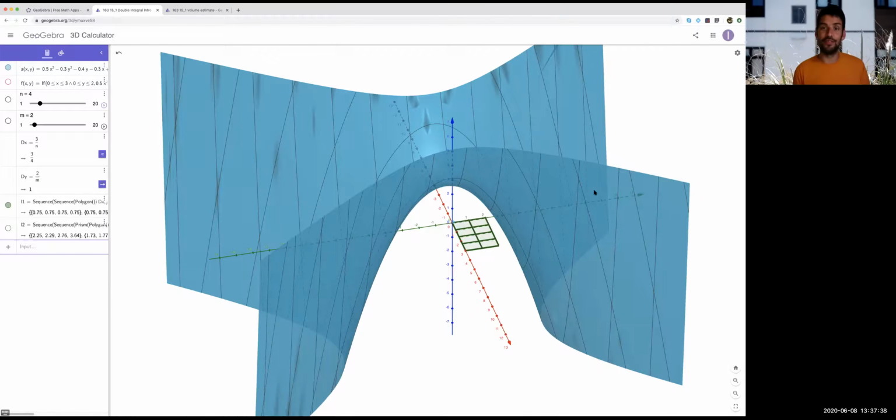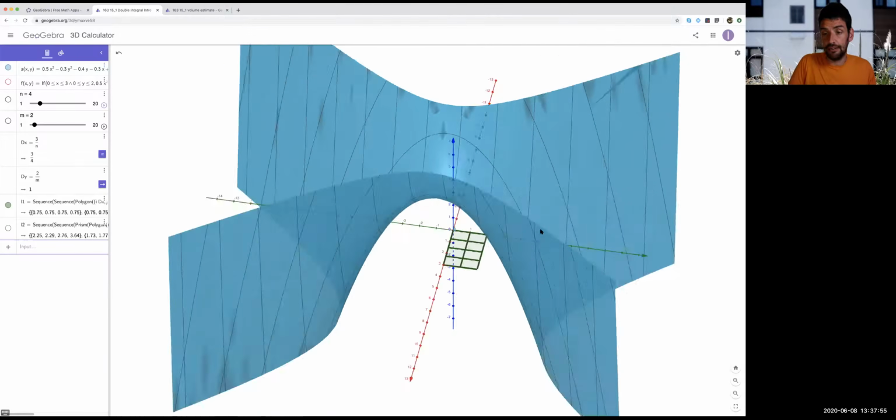For instance, you may have seen when you integrated over a velocity, if it was negative, you end up with a negative distance, meaning I was moving backwards. So we'll have the same kinds of interpretations here. But we're going to hold off on interpretations for a little while. Let's work through the mechanics of this.